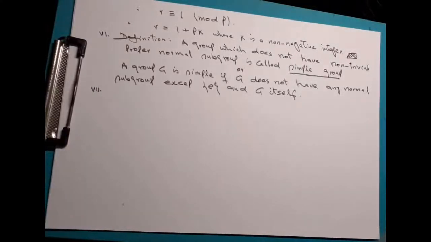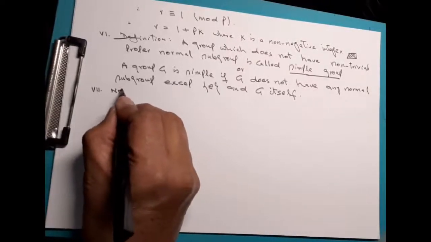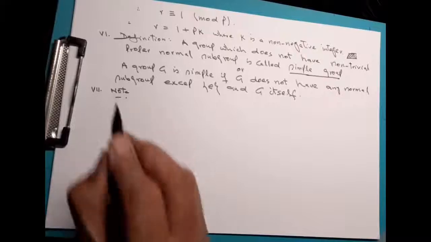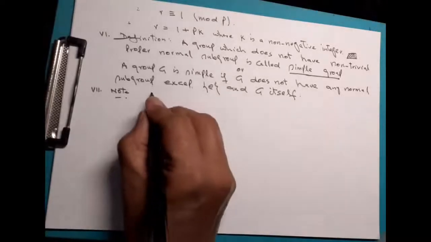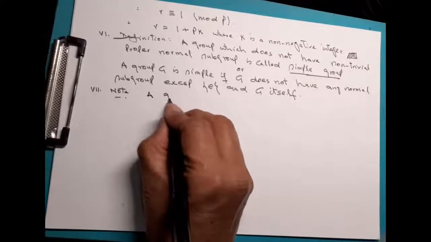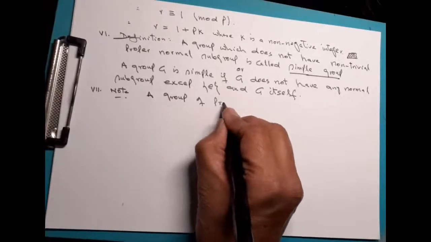So let's see if we can solve a few examples. Let's have a comment, and that comment says that a group of prime order is necessarily simple.